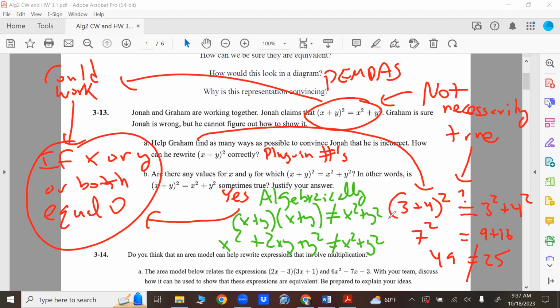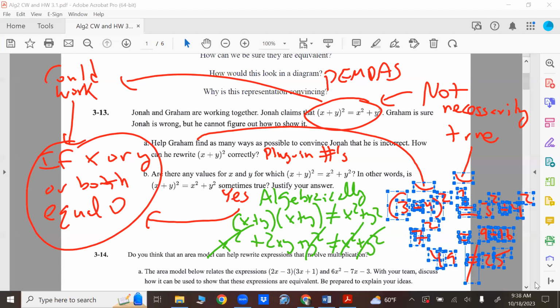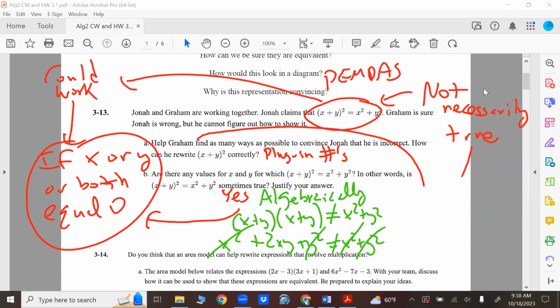Now, what happens if x squared and y squared cancel, right? Ultimately, these would cancel, leaving me with just what? And let me erase some of the stuff here. Ultimately, when x squared and y squared cancel, how does the equation look now?